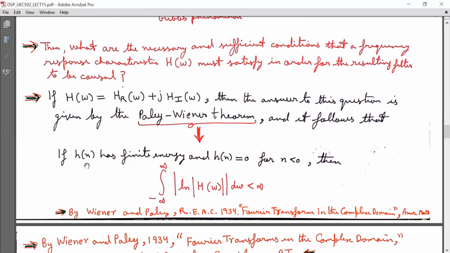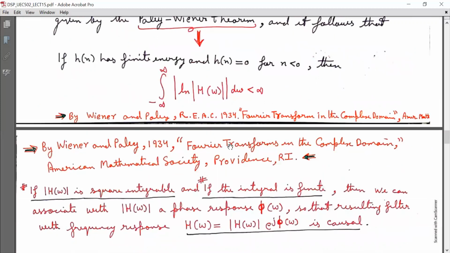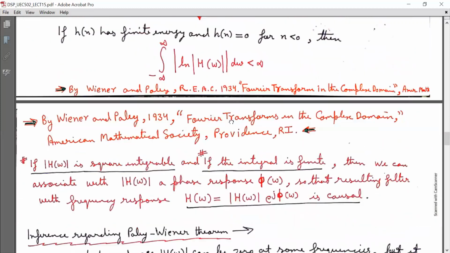It follows that if h(n) has finite energy and h(n) is equal to 0 for n less than 0, then the integral of the absolute value of ln|H(omega)| d omega must be finite. The detailed proof is given in the book by Paley and Wiener, 1934, and interested students can refer to it.